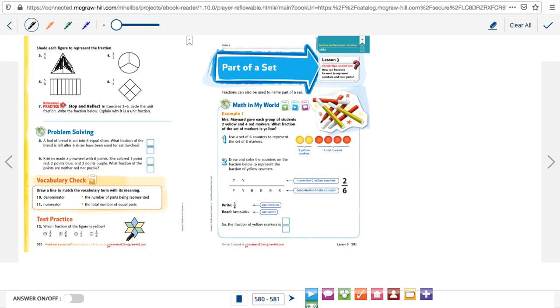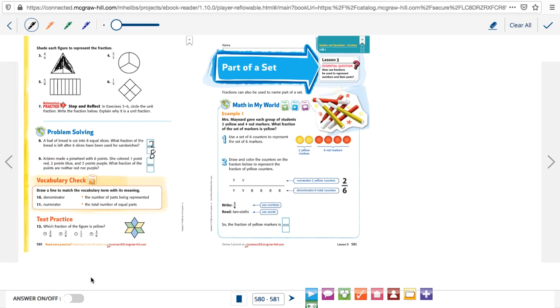So 6 slices have been taken away, so you might need to do a little bit of subtraction here of 8 minus 6. If you have any fraction strips or pieces at home, you could be using the 1/8 pieces for this, and then you could always model by taking away 6 of those pieces, and then you'll see that there's 2 left, or you could do 8 minus 6, which is 2. And then we have 2/8.